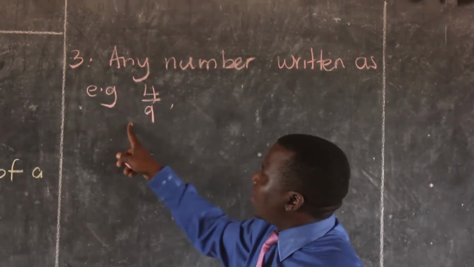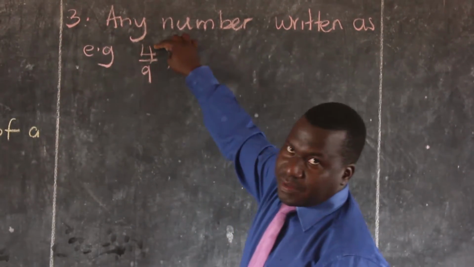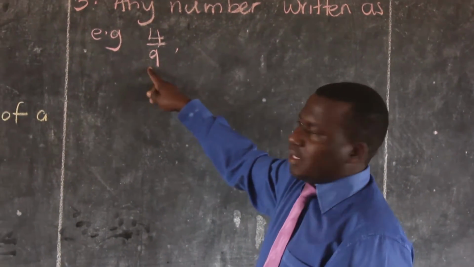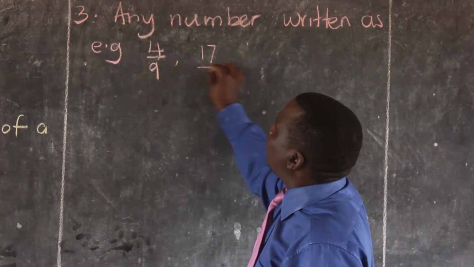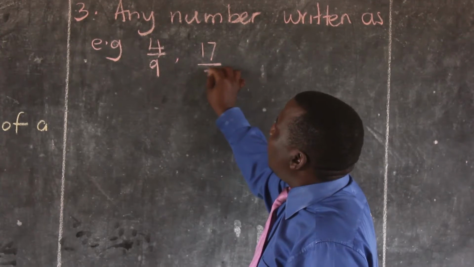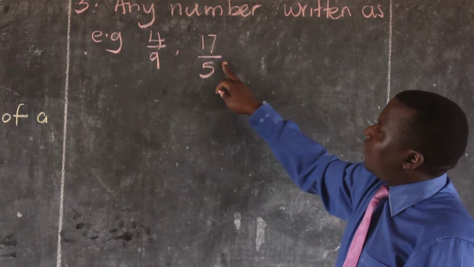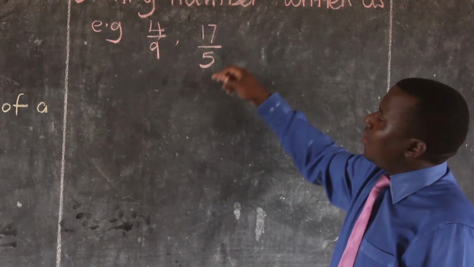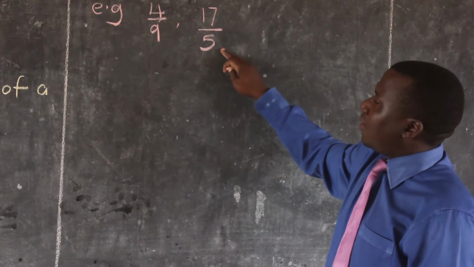And for this case, this one is a proper fraction because the numerator is smaller than the denominator. We can also have 17 out of 5. For this case, this one is an improper fraction because the numerator is bigger than the denominator.